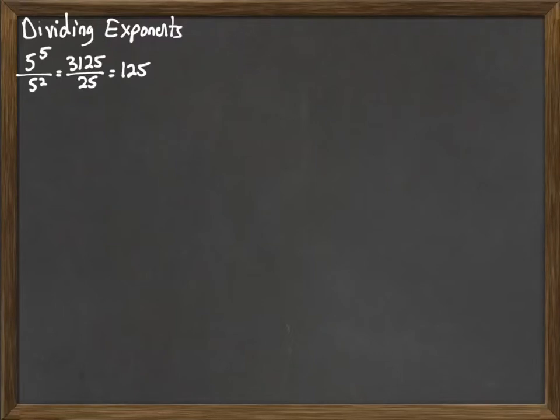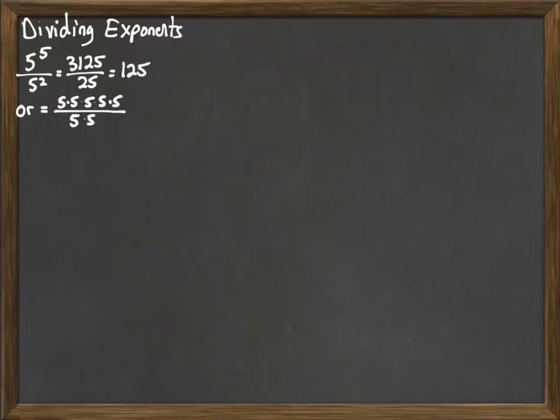And that's all well and good if we're dealing with just a number. But if, on the other hand, we're dealing with a variable, we can't do that. So we want to get a little understanding of what's actually going on here. Another way to think of that is we could write the top down as 5 multiplied out 5 times. The 5 squared in the bottom we can write down as 5 times 5, twice.